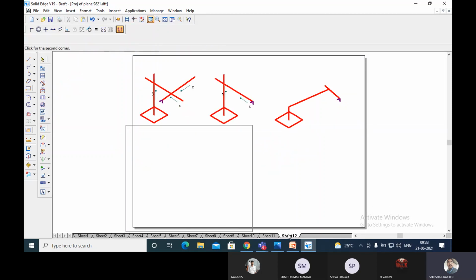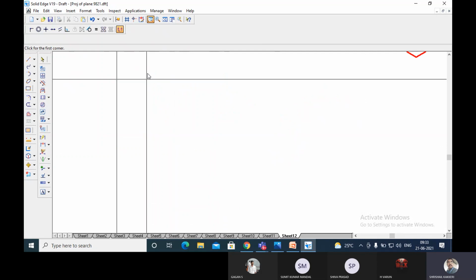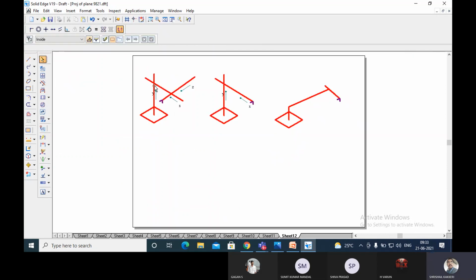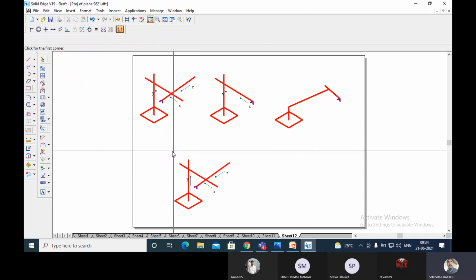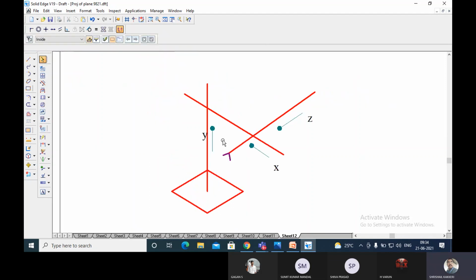And another one, what is that? The articulated robot. If you want to talk about the articulated robot, it will be like this. You need not write a very complicated figure to show that you are able to do it.